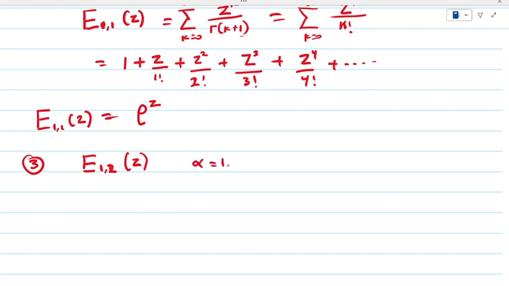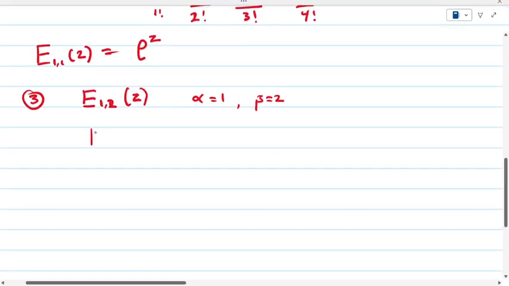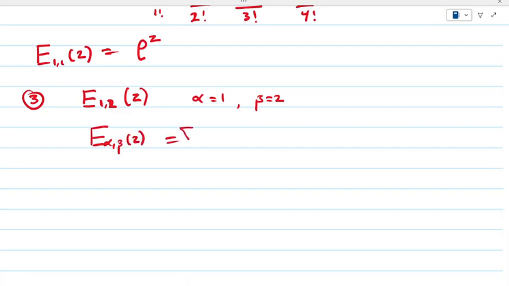Here our alpha equals 1, our beta equals 2. So let me rewrite the Mittag-Leffler function. We have E alpha comma beta of z equals the summation k equals 0 to infinity of z to the power k over gamma of alpha k plus beta.